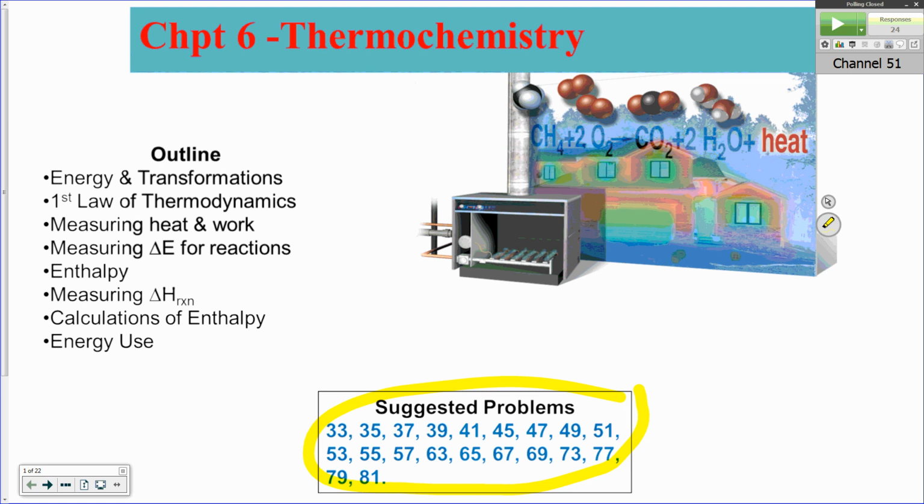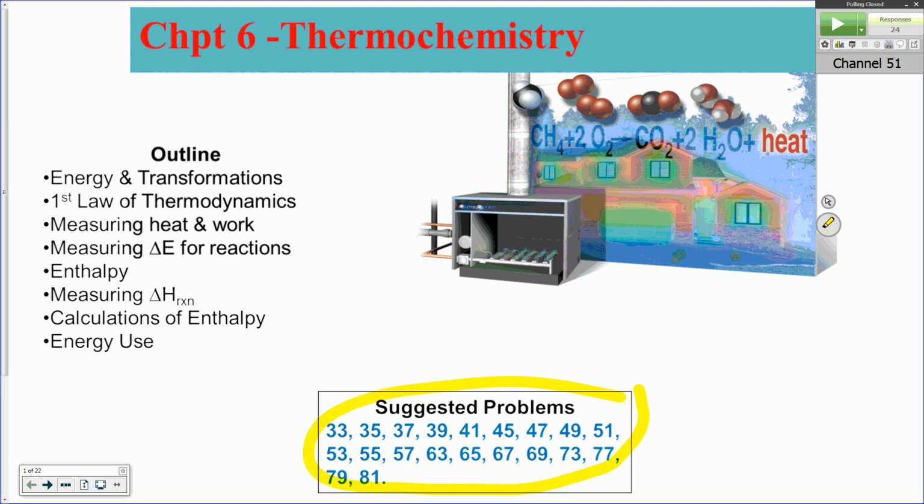The problems that have solutions at the end of the chapter, look at those, see how they're worked out, and then start looking at these. Then, of course, do your own Mastering Chemistry. If you don't understand how to do it, go see the tutors. We've got tutors down there 4 days a week now, and a lot of students are going to see them. Come talk to me in my office hours. Figure out what you need to do better.